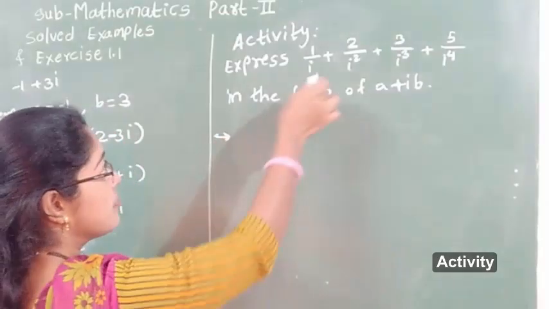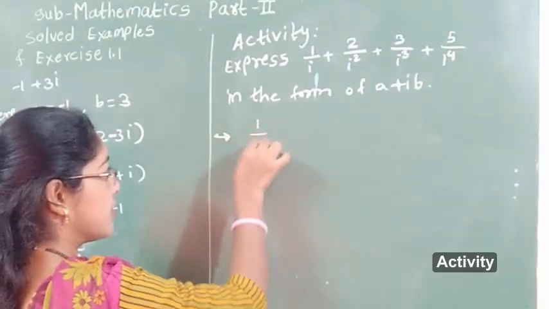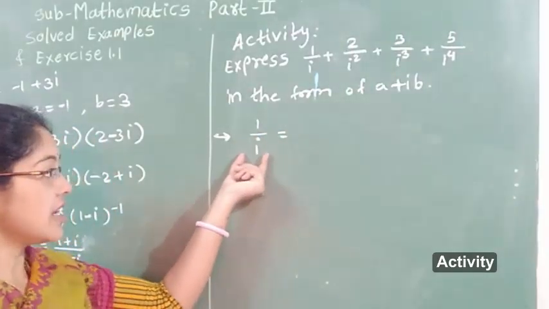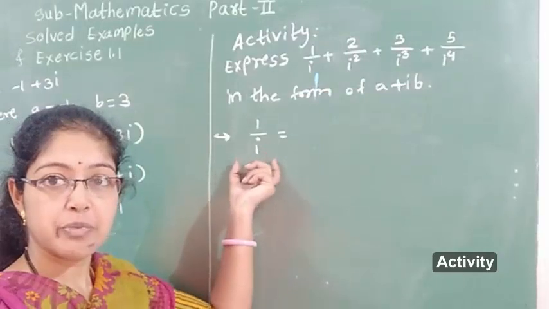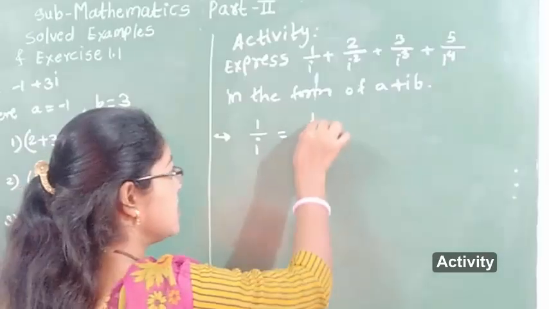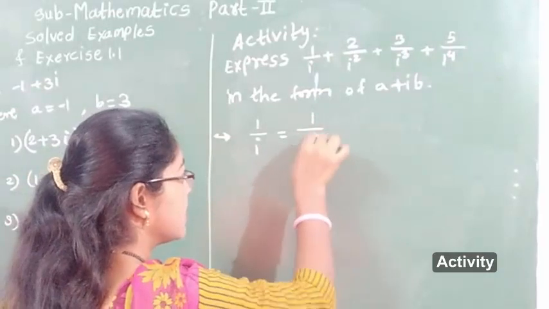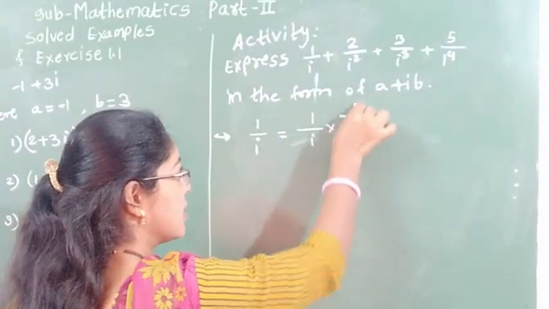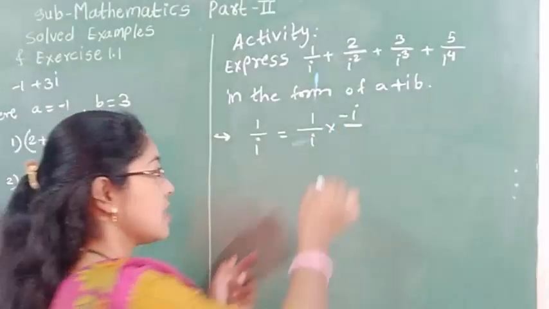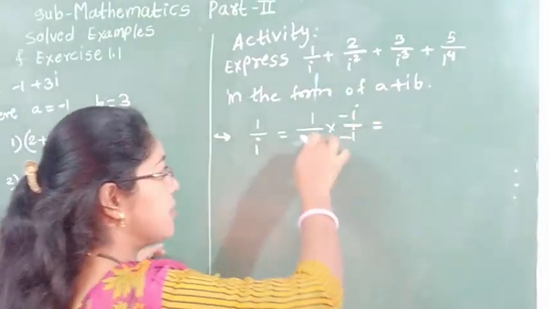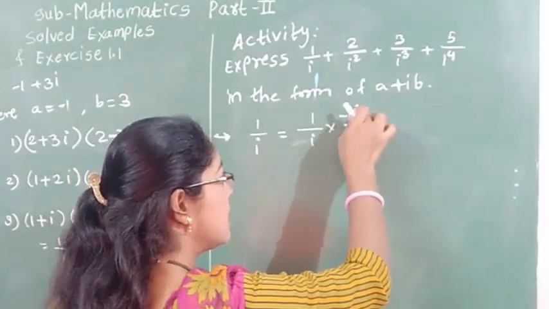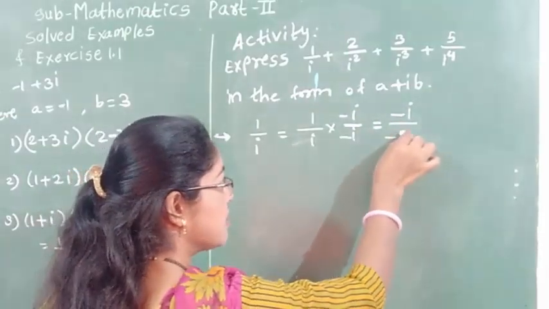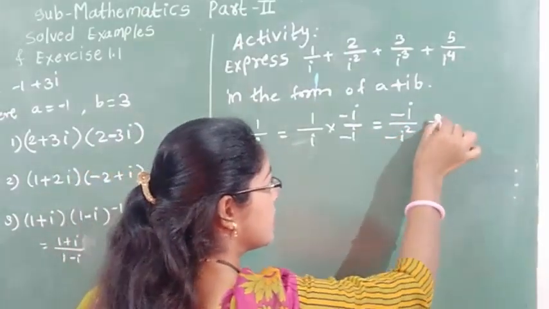ओके, 1 upon i काय असणार आहे, 1 upon i, खाली i आहे, तर i चा कॉन्जुगेट काय असेल, मायनस i. ने आपण काय करायचं, मल्टिप्लाय आणि डिवाइड करायचं. i च्या कॉन्जुगेटने मल्टिप्लाय आणि डिवाइड करणार आहोत. i चा कॉन्जुगेट आहे मायनस i, मायनस i ने काय करायचं, मल्टिप्लाय आणि डिवाइड. सो 1 इंटू मायनस i is minus i, minus i into minus i is minus i square.